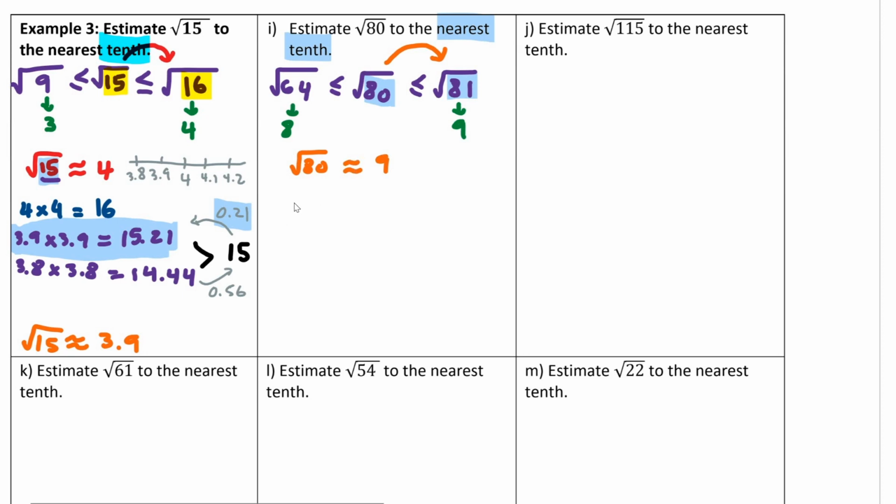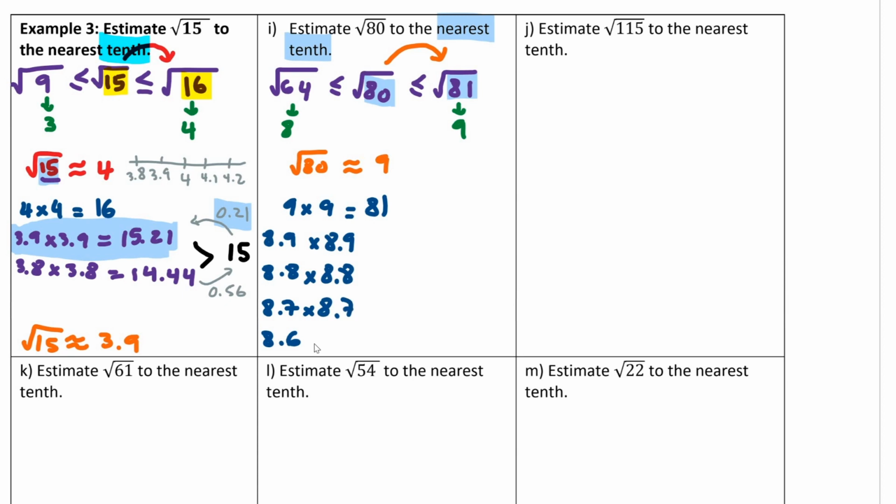Same procedure: 9 times 9 is 81, so less than 9 means 8.9, 8.8, 8.7, 8.6. Then we multiply each by itself: 8.9 times 8.9, 8.8 times 8.8, 8.7 times 8.7, 8.6 times 8.6. We may not go that far, but I just give you an idea of what's going on.